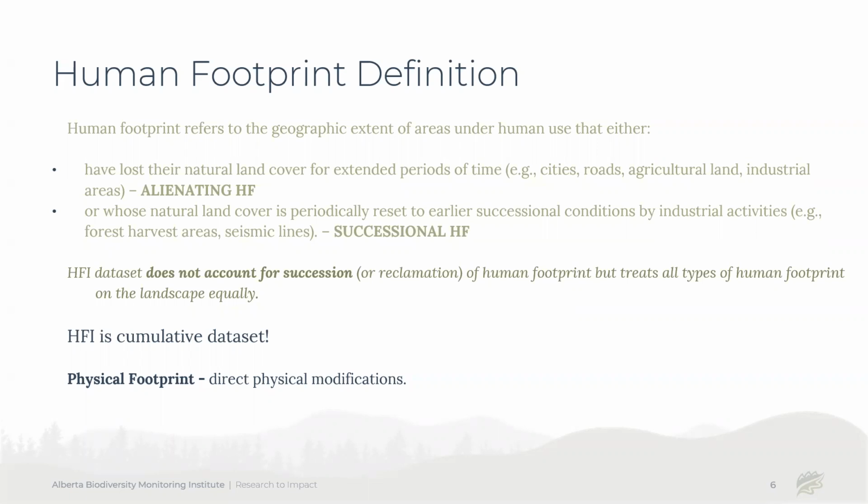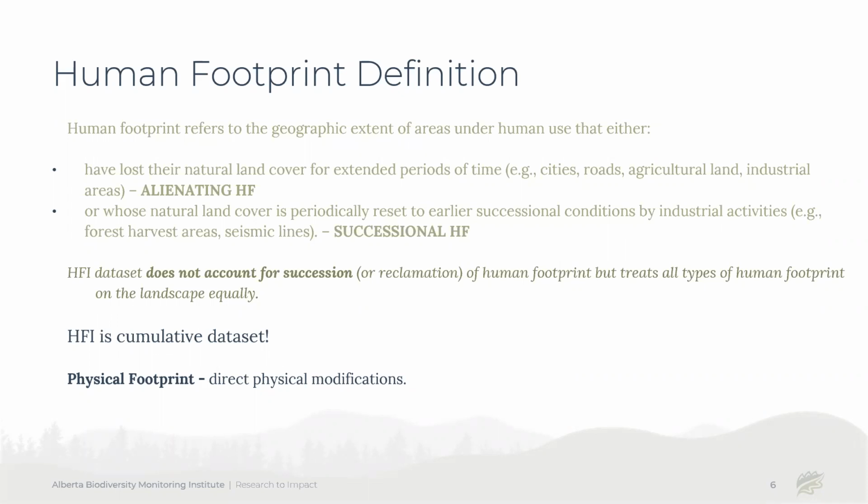Alienating human footprint includes all the types of human footprint that are created by anthropogenic activity for a long-term purpose. So that conversion from native land cover to anthropogenic is projected to be, if not definitely, long-lasting. Typical examples are cities, roads, industrial areas, but even agricultural land.